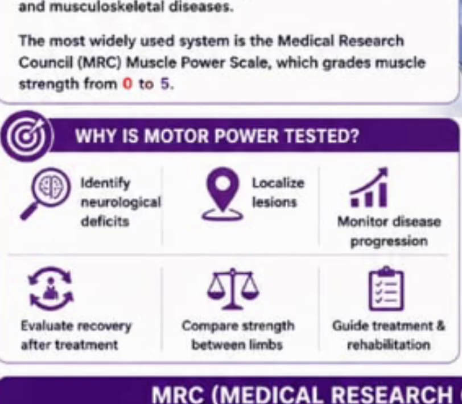The next one, to evaluate recovery after treatment to see whether the patient is improving, and also to compare strength between limbs, because the patient can have right upper limb weakness and the left arm is good. The right arm may have a muscle power of 3, the left arm a muscle power of 4. So you have to compare across time, because you have to treat them equally. And the last one, to guide treatment and rehabilitation.